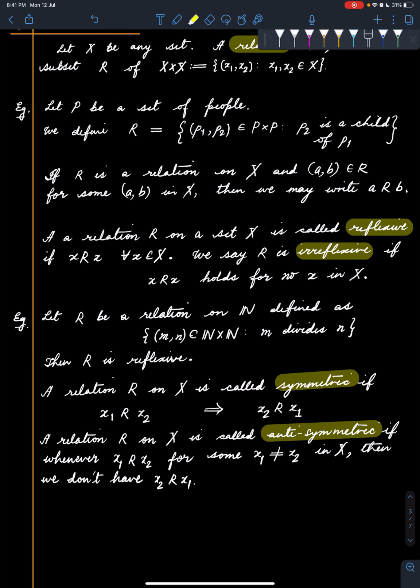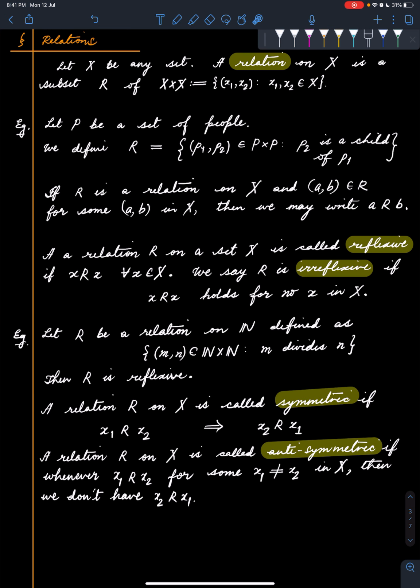So here you have an antisymmetric relation. This is an example of an antisymmetric relation, because suppose you have (m, n) sitting in this relation such that m is not equal to n, then what that means is that m divides n.